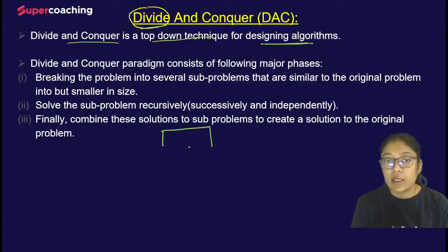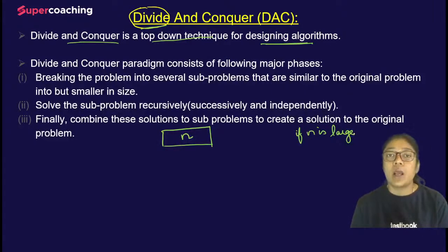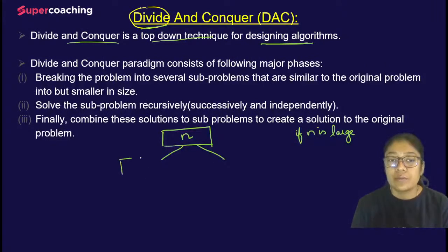If you are given some problem and you have to apply that function on n elements, and n is large, that means the number of elements in the problem is large, then we'll be dividing this problem into sub-problems. Let's say that k sub-problems are there. This is n1, n2 and so on up to nk.